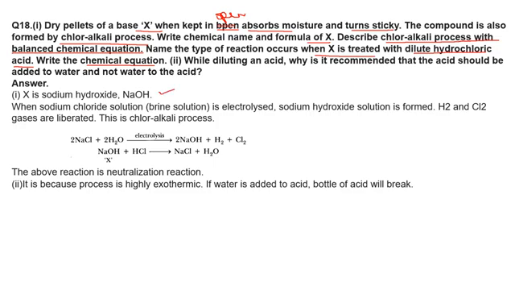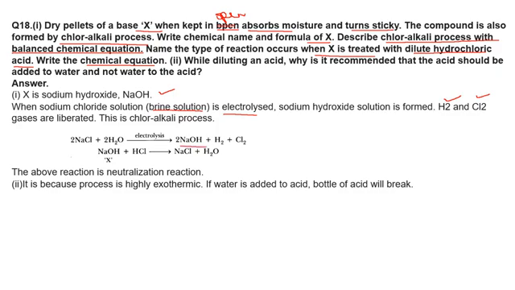The compound is also formed by the chlor-alkali process. So NaOH, we know that in the chlor-alkali process, we electrolyze brine solution. Brine is nothing but a salt solution, salt with water. Then we have seen that hydrogen gas is released, chlorine gas is released, and NaOH is formed, right?